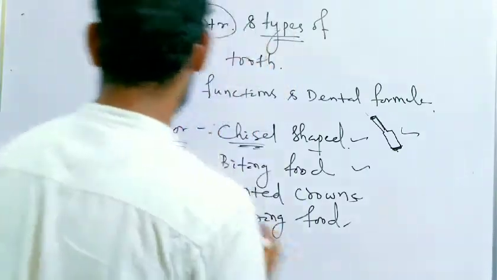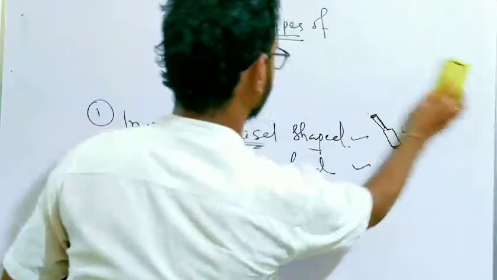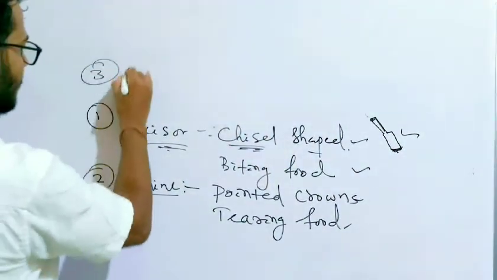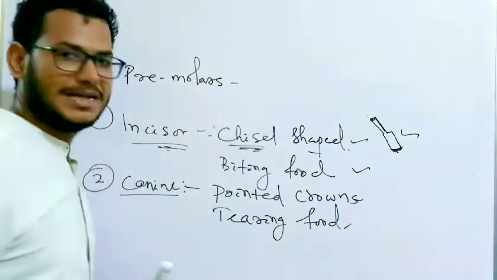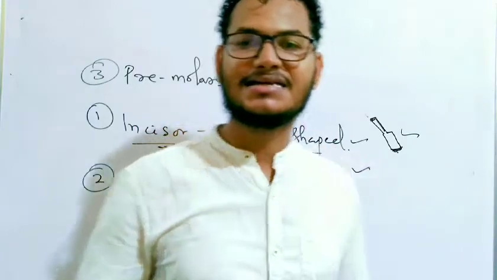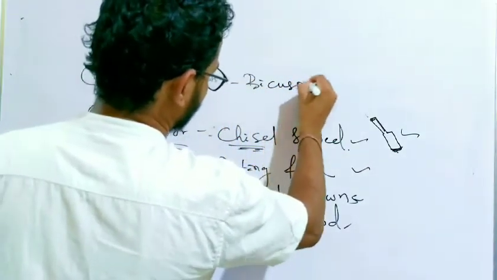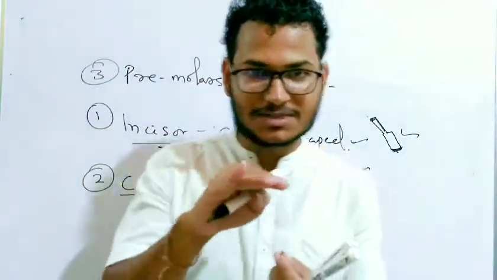Third one is our premolar. The third type of the tooth in human is the premolars. So premolars are bicuspid. Bicuspid means they have 2 curves on the surface of the tooth.